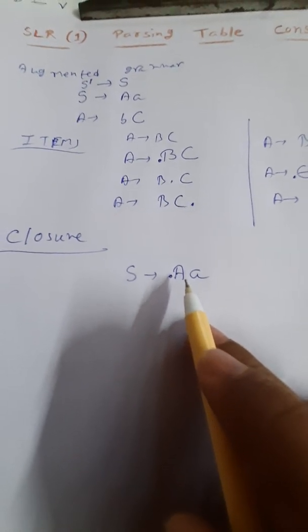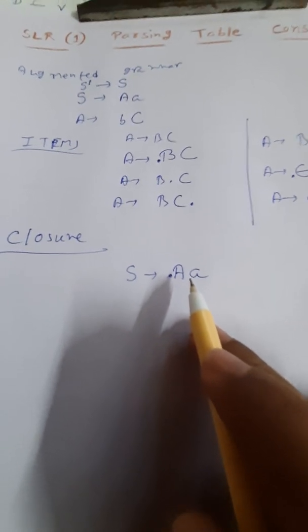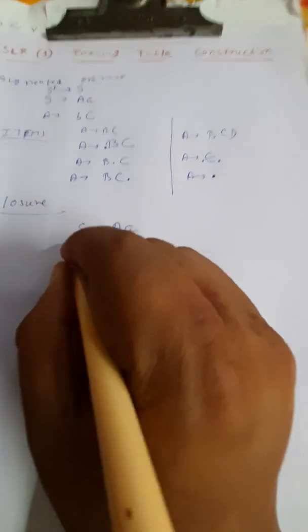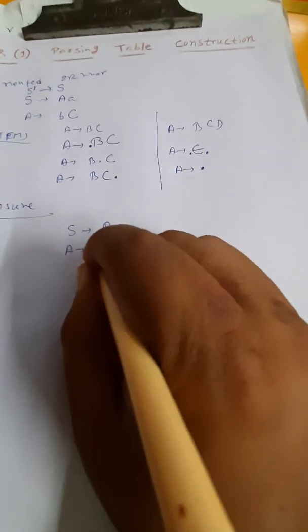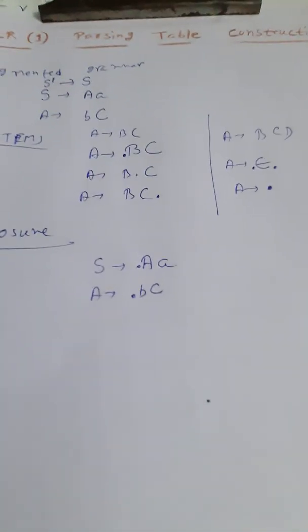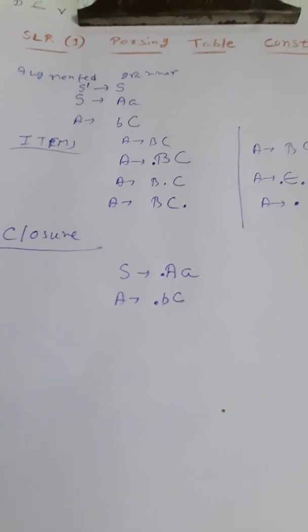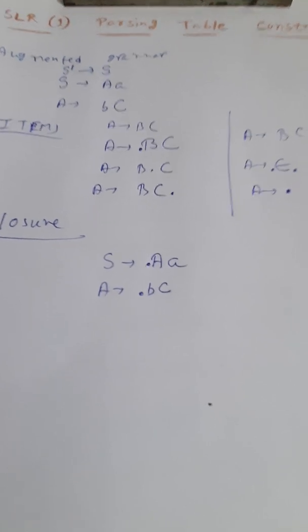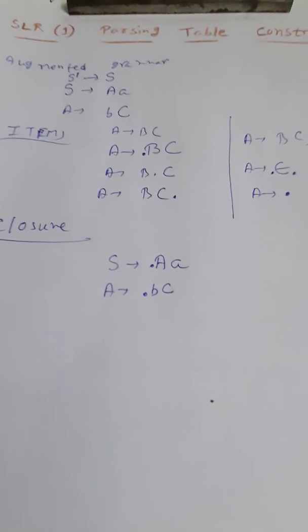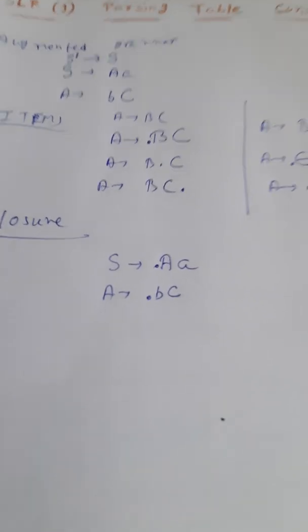If none is there, then our work is complete. But if we find any such rule like A produces BC, we add that rule preceded by a dot. Next, what follows the dot? Small b. Is there any rule where small b produces something? No, it's not possible because small b is a terminal. So no such rule, and our work is over here.